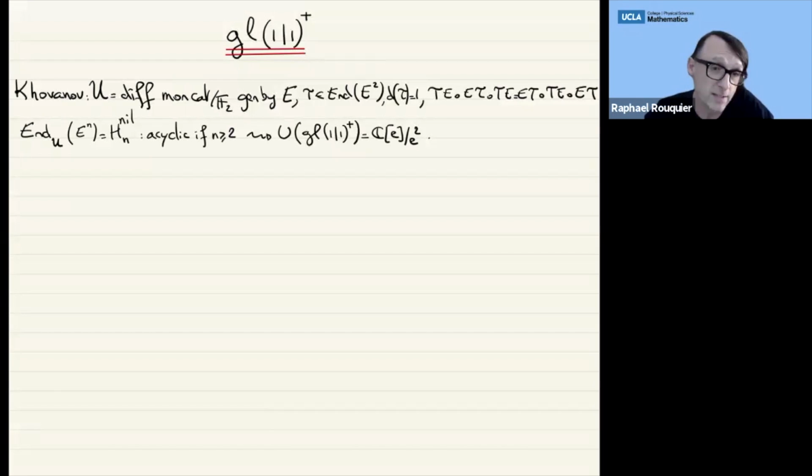So the objects of that category are powers of E. The endomorphism algebra of a power of E is this nil Hecke algebra as a differential algebra, which is, as we saw, acyclic for n greater than or equal to 2. So somehow, if you look up to quasi-isomorphism, E squared is quasi-isomorphic to 0. And so somehow you have a category where you have the object 1, E, and then E squared becomes 0. So it's like the enveloping algebra of this GL(1|1)+.